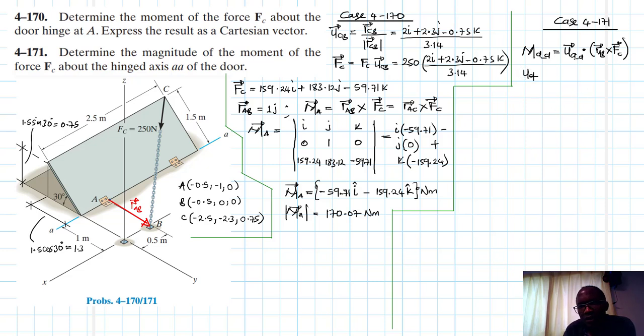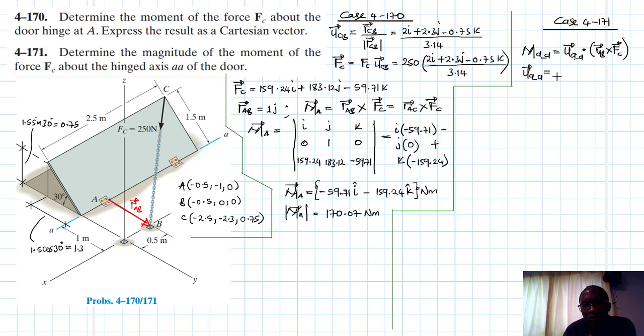And then this unit vector along this particular axis is parallel to the x-axis. It's parallel to the x-axis.